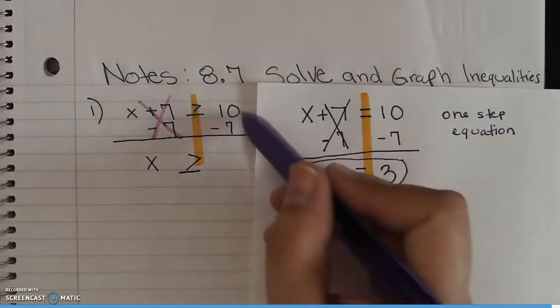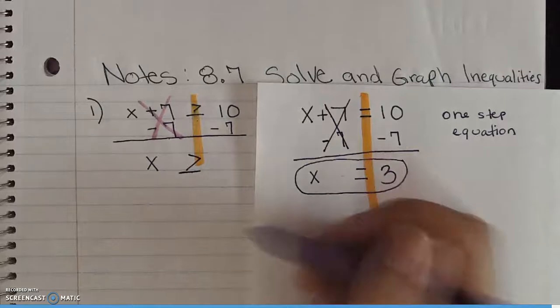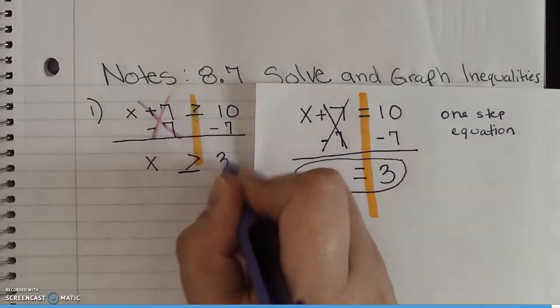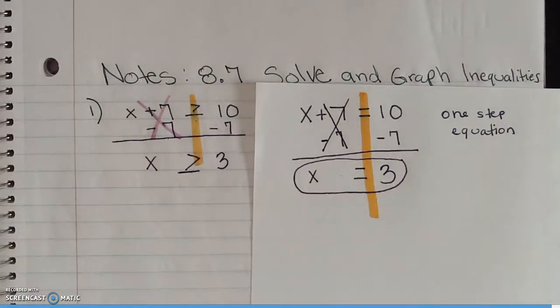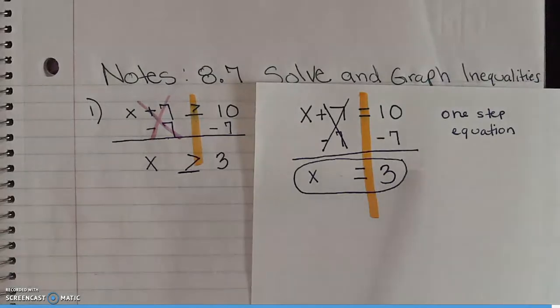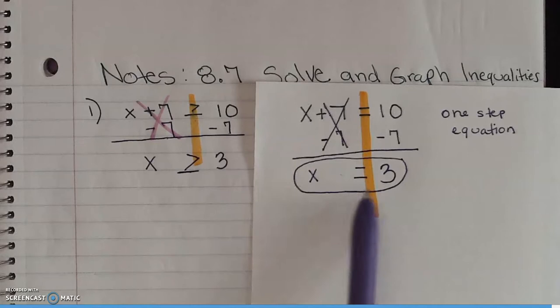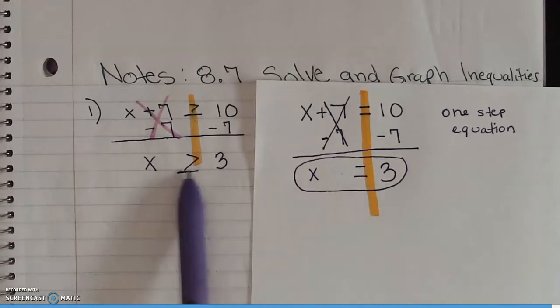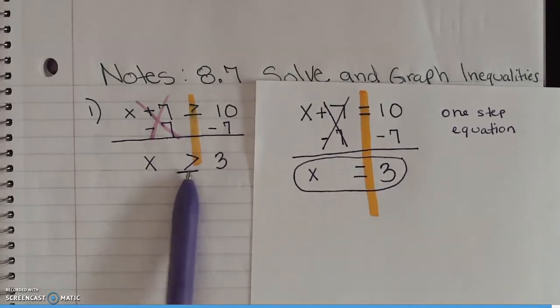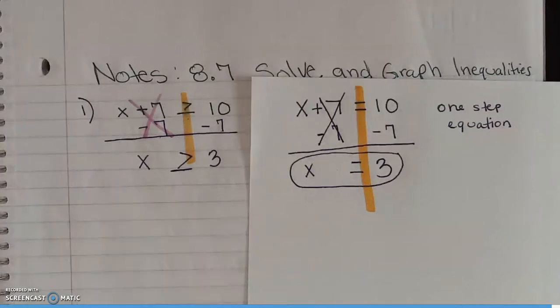And then you have 10 minus 7. 10 minus 7 equals 3. Now notice, it's the same process. The only difference is your symbols. This one is equal to, but then this one is greater than or equal to.